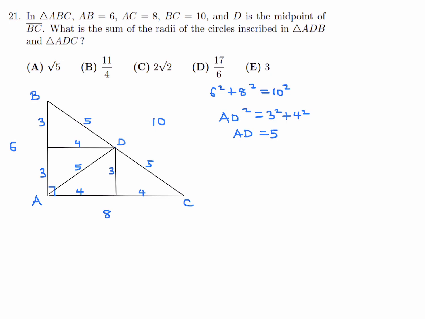Now we get into the whole story about the circles. So let's draw in circles in triangles ADB and ADC. There's the circles, and we also are going to have to put in some radii. I will draw the radii to the tangent points, and very similarly, this one from the center of the circle to the tangent points.